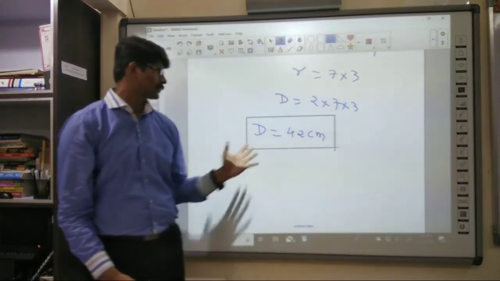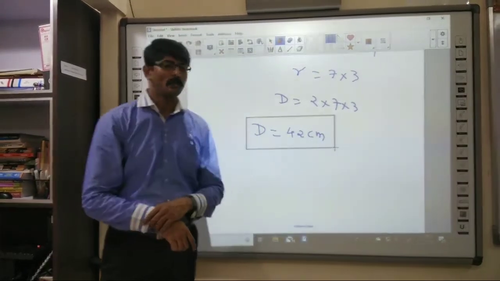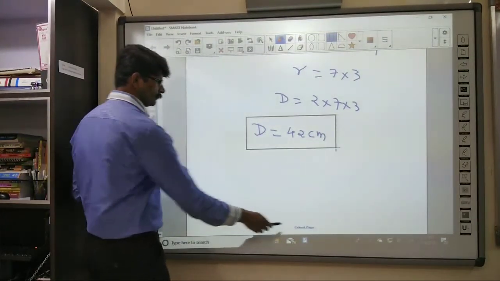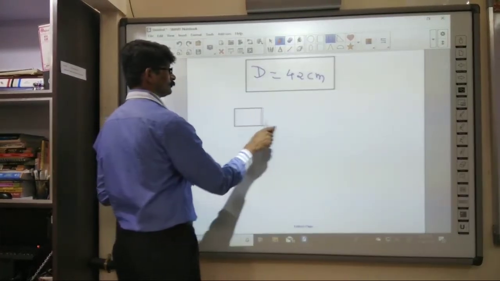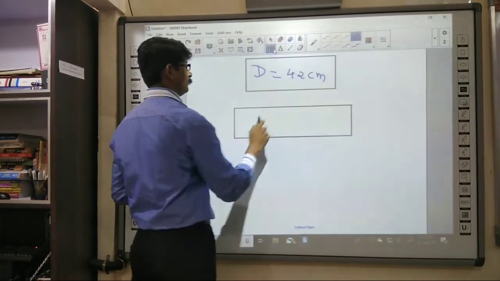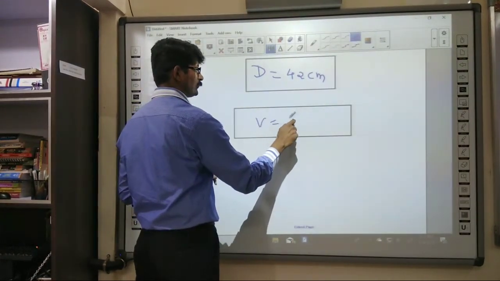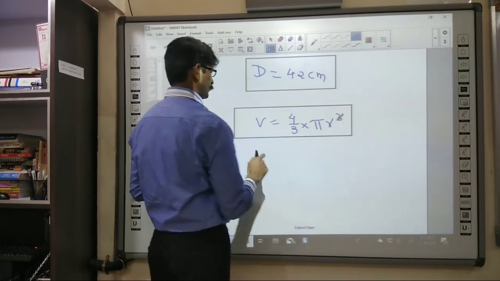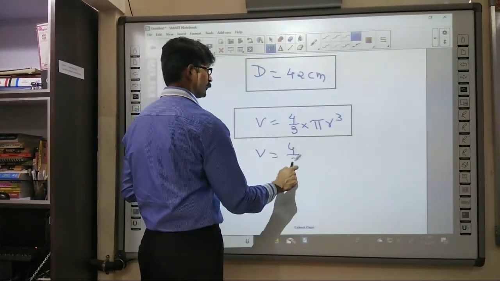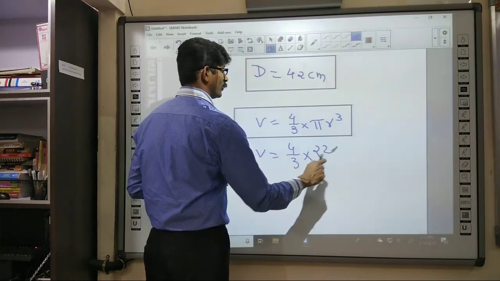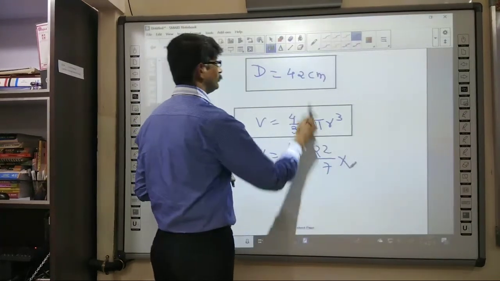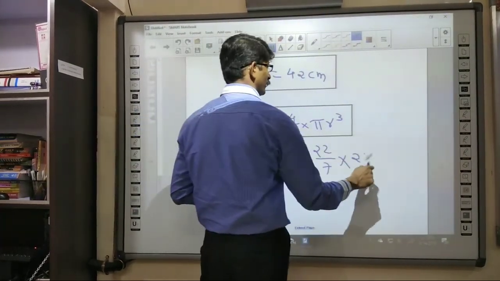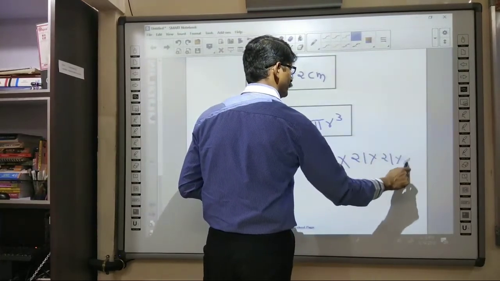And once you know the diameter, you can calculate the volume. What is the volume? Volume of the sphere is 4 upon 3 pi r cube. So volume is equal to 4 upon 3 into 22 upon 7 into 21 into 21 into 21.